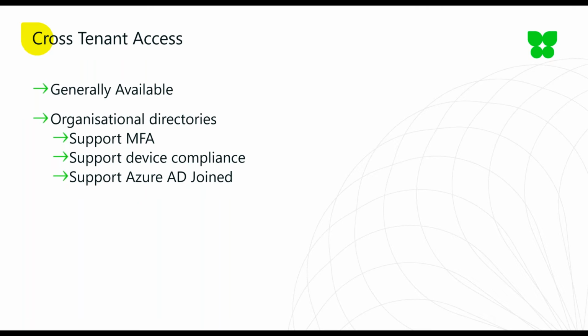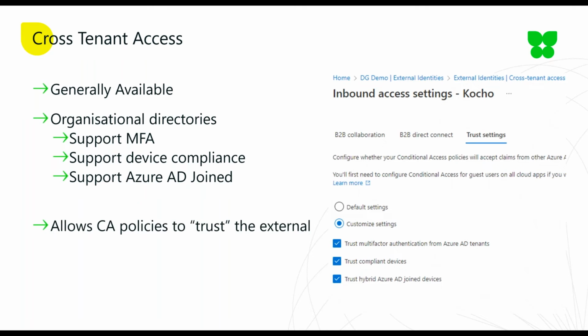So in real terms, because I'm with Cocho, because I'm using a Cocho managed device, and because I have Cocho MFA, and you as an organization trust that, I won't be asked to provide that MFA every time I try to access the shared Teams site. So what we're doing is we're allowing those CA policies to trust that external environment.